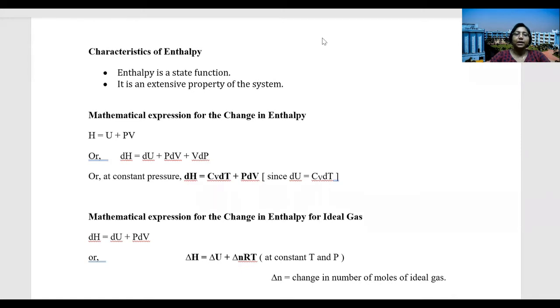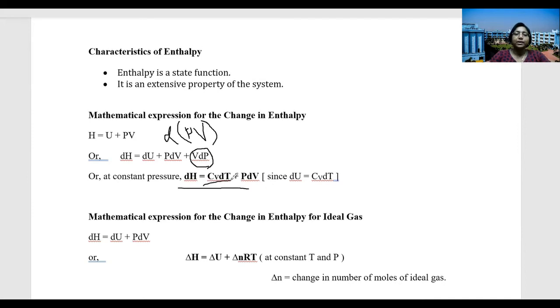The d of PV gives PdV plus VdP. If the pressure is constant, dP will be equal to 0. So we get dH is equal to CV dT plus PdV.